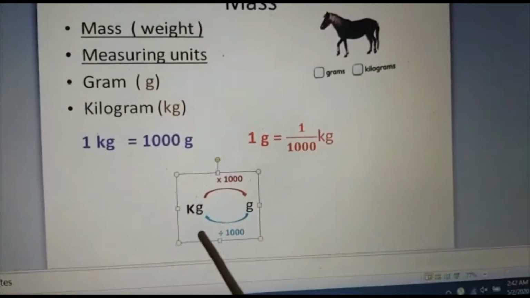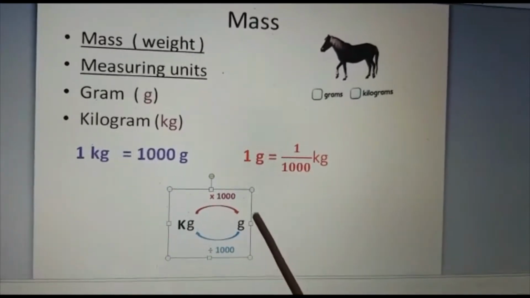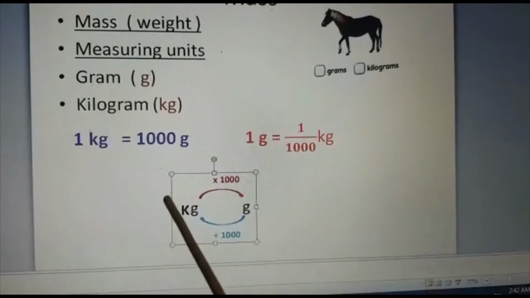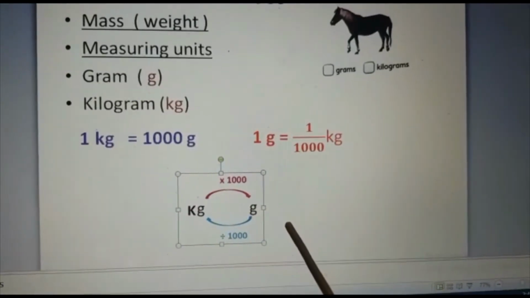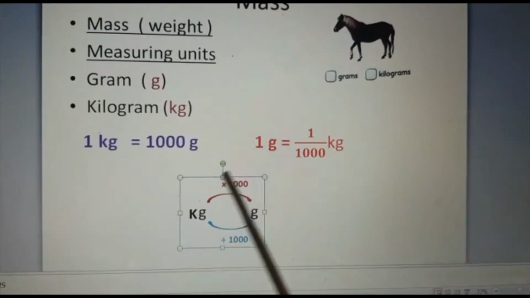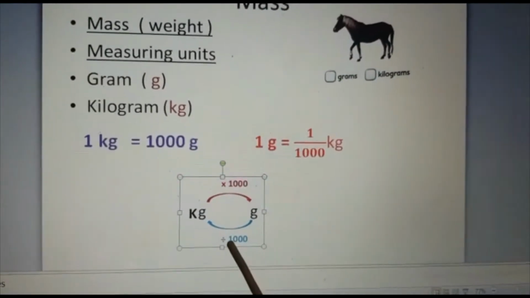So always keep in your mind, kilogram is a big unit, gram is a small unit. When we convert from a big unit to a small unit, we will multiply by 1000, and when we convert from a small unit to a big unit, we will divide by 1000.